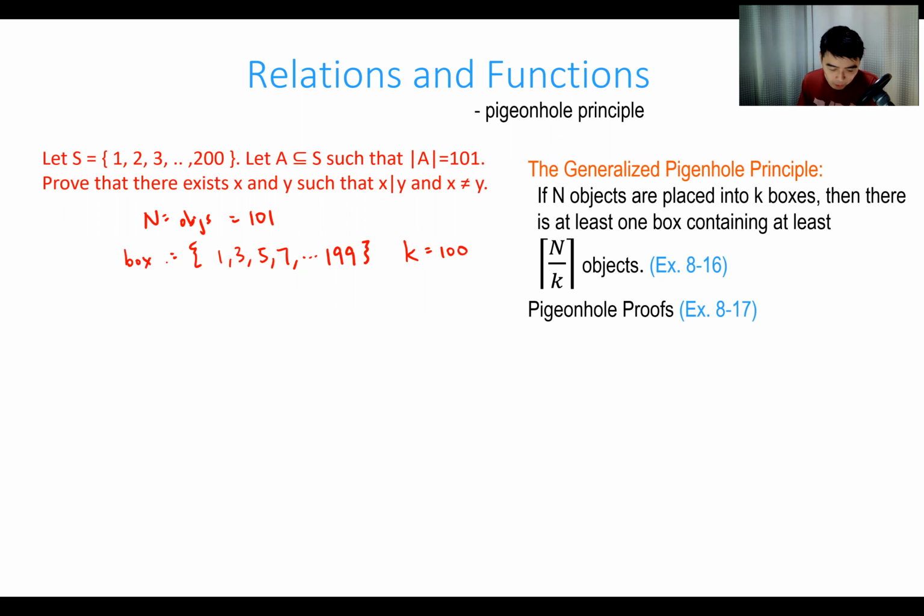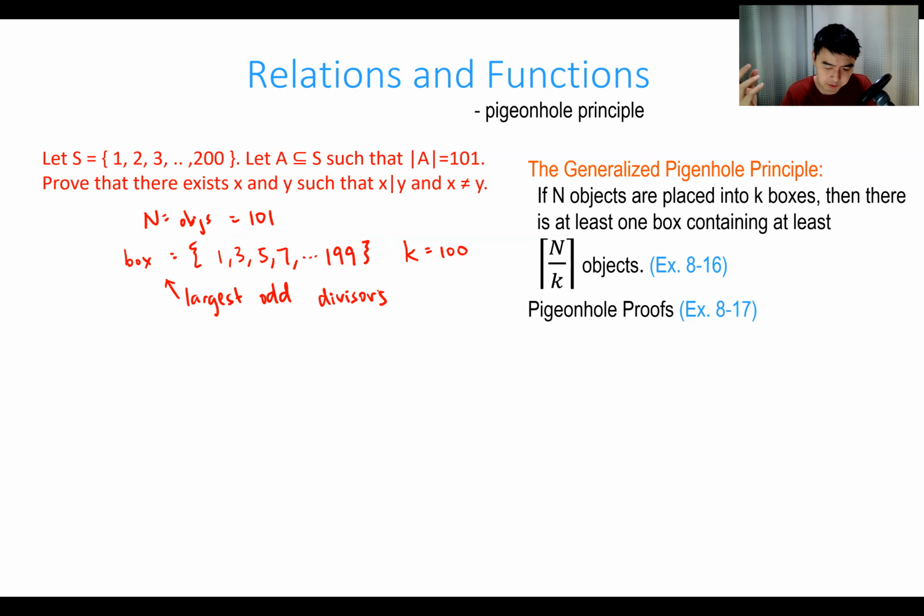Now, these boxes correspond to the largest odd divisor of each one of these objects. I'm going to show you an example in a second, but let me just argue here. The first thing we're going to do is assign each one of these objects into the corresponding box.